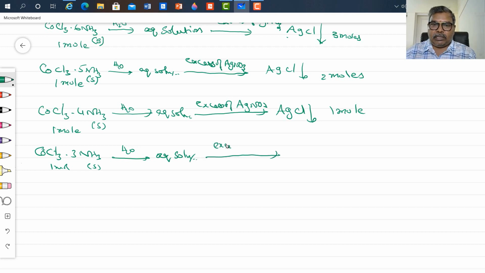If this aqueous solution is treated with excess of AgNO3 solution, no precipitate is formed. So from these experiments, he proposed a theory to explain the coordination compounds. He just conducted experiments only on cobalt 3 chloride ammonia complexes and proposed a theory which is called Werner's coordination theory.